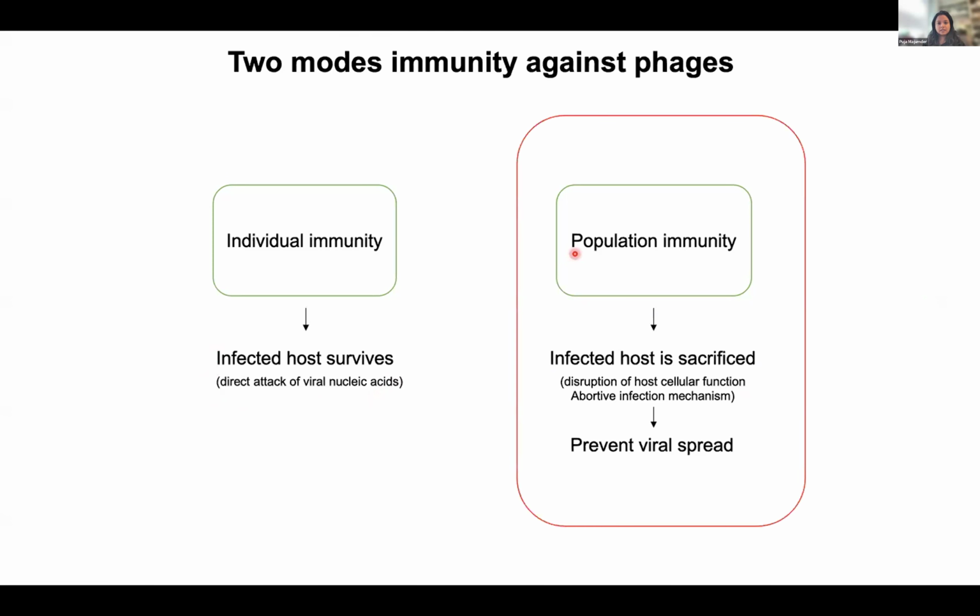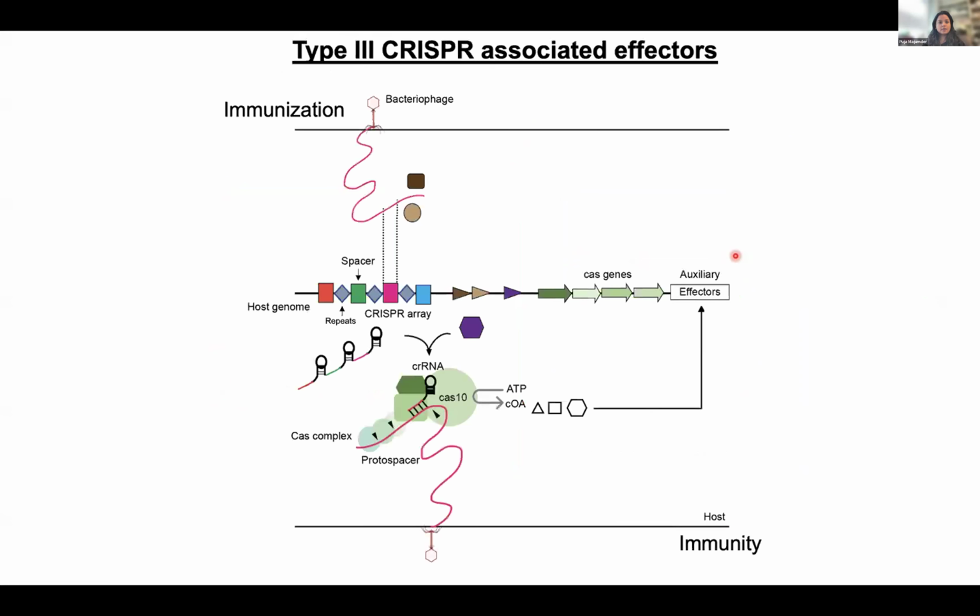This mode of immunity is also termed the abortive infection mechanism, and the defense system that I'll be discussing today follows this population immunity or abortive infection mechanism. Now coming to the CRISPR system, like other CRISPR systems, type 3 CRISPR also follows two steps of immunity. First is immunization of the bacteria, and second is the immunity provided by the bacteria.